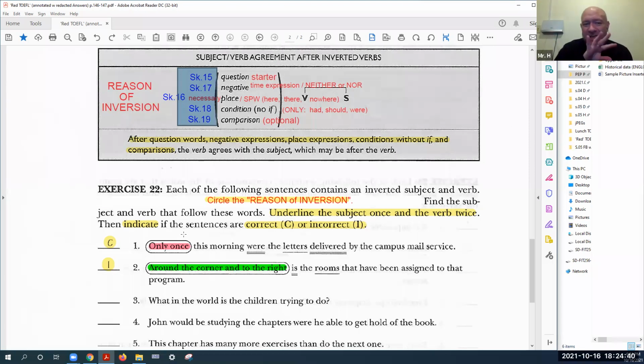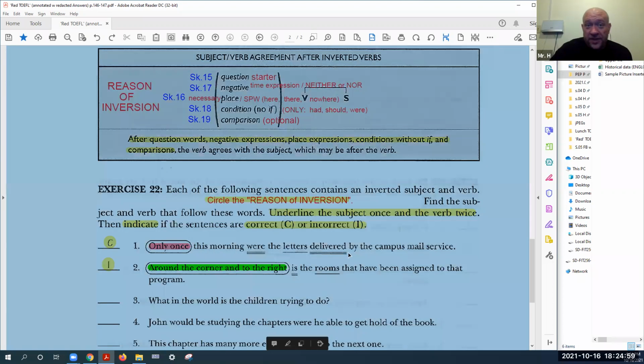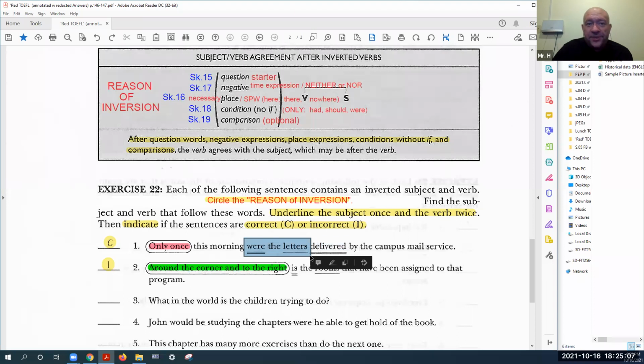So it follows the same formula. We have this almost negative, and then what? This morning were the letters. I think were delivered is the verb. Yes, two parts. And then where's the subject? The letters. So what happened here?